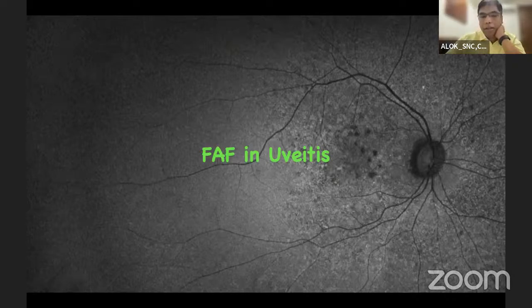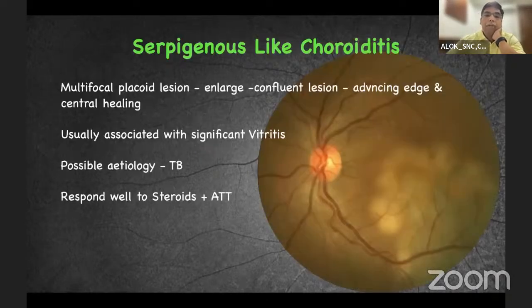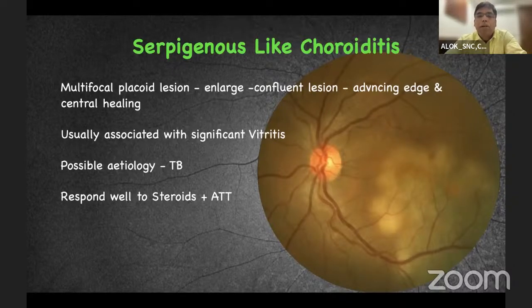Now, FFA can also be helpful in monitoring uveitis. And one of the common diseases that we look into using an FFA is serpiginous-like choroiditis, which is a multifocal placoid chorioretinitis, or a choriocapillaropathy, wherein these placoid lesions enlarge and coalesce into a confluent lesion with an advancing edge and central healing.